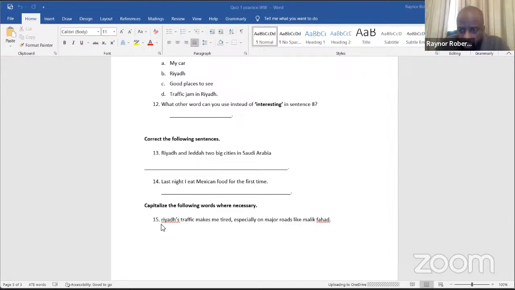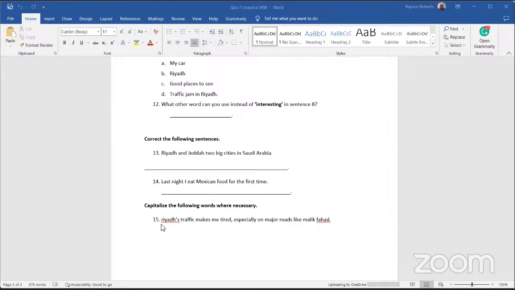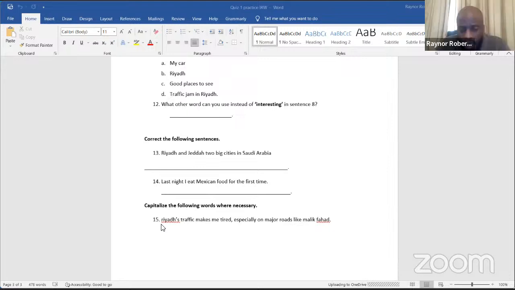Is it acting as a verb, because it's here, not the possessive pronoun? No, he's not right. It is a possessive pronoun. What does Riyadh own? The traffic. So yes, this is correct. It's a possessive because it's what Riyadh owns. Riyadh owns the traffic. Riyadh's traffic makes me tired, especially on major roads like Malik Fahad.